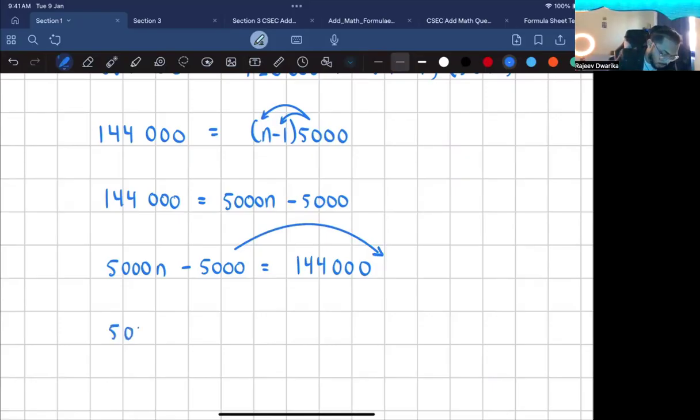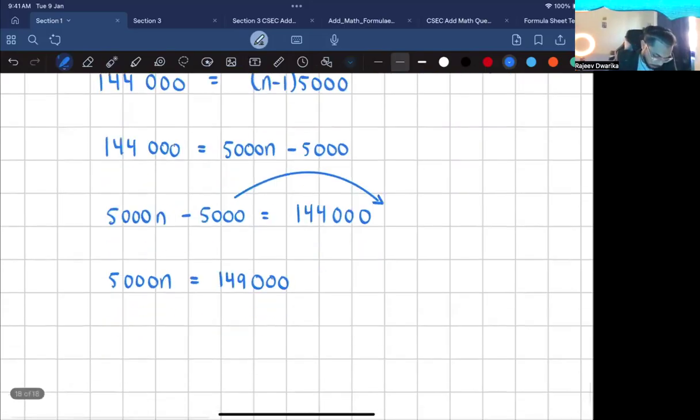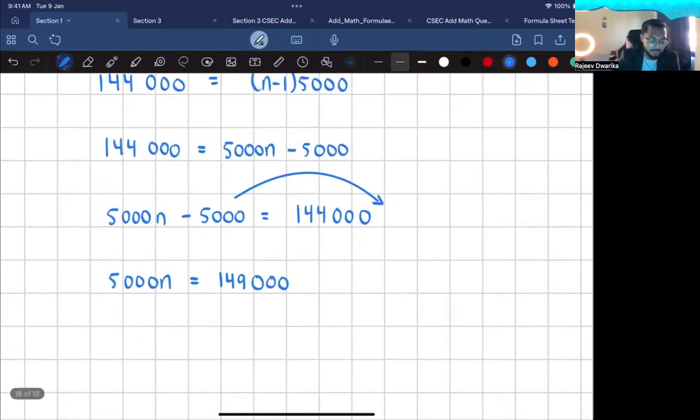Add. Correct. And so that's gonna be equal to 149,000. Aliyah, just confirm that much real quick. Right? Yes, nice.